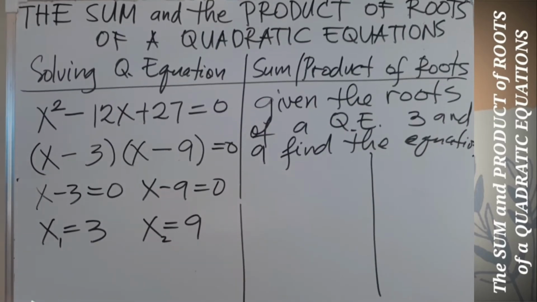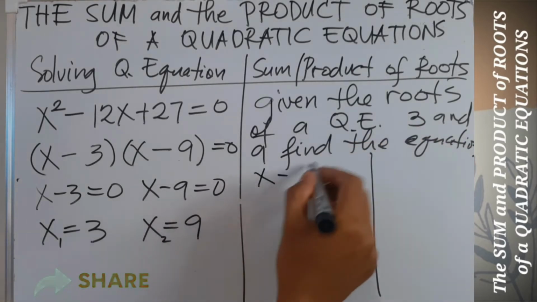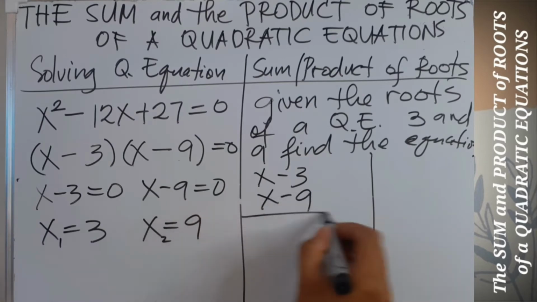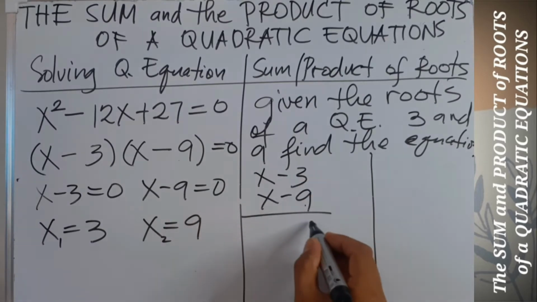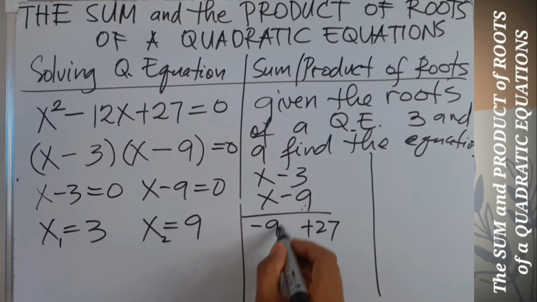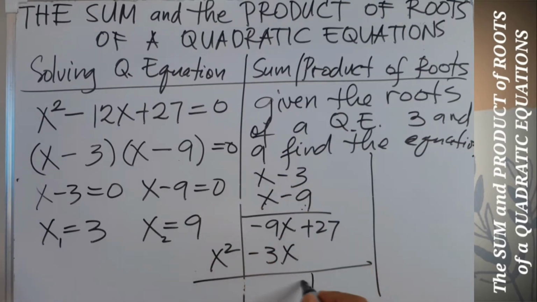So, basically, what we are doing is, we are multiplying x minus 3, x minus 9. Negative 9 times negative 3 is positive 27, negative 9 times x, negative 9x. X times negative 3 is negative 3x. X times x is x squared. So, plus 27, negative 12x, and x squared.